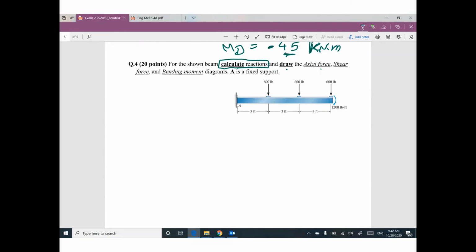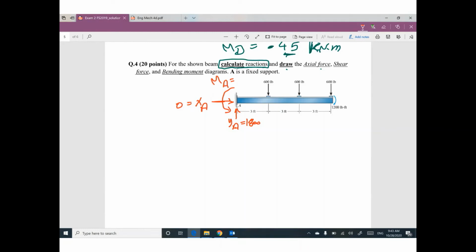So let's start to figure out the reaction. This is a fixed support, so we have vertical reaction YA. It will be 1,800. And we have horizontal reaction here, XA. It will be 0. And we have a moment here, MA.